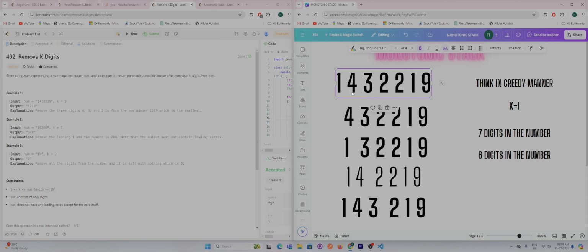Now if I have to remove one number from this series 1 4 3 2 2 1 9, which number am I removing? Look at it. 1, then 4, it's increasing, and then 3, it's decreasing.